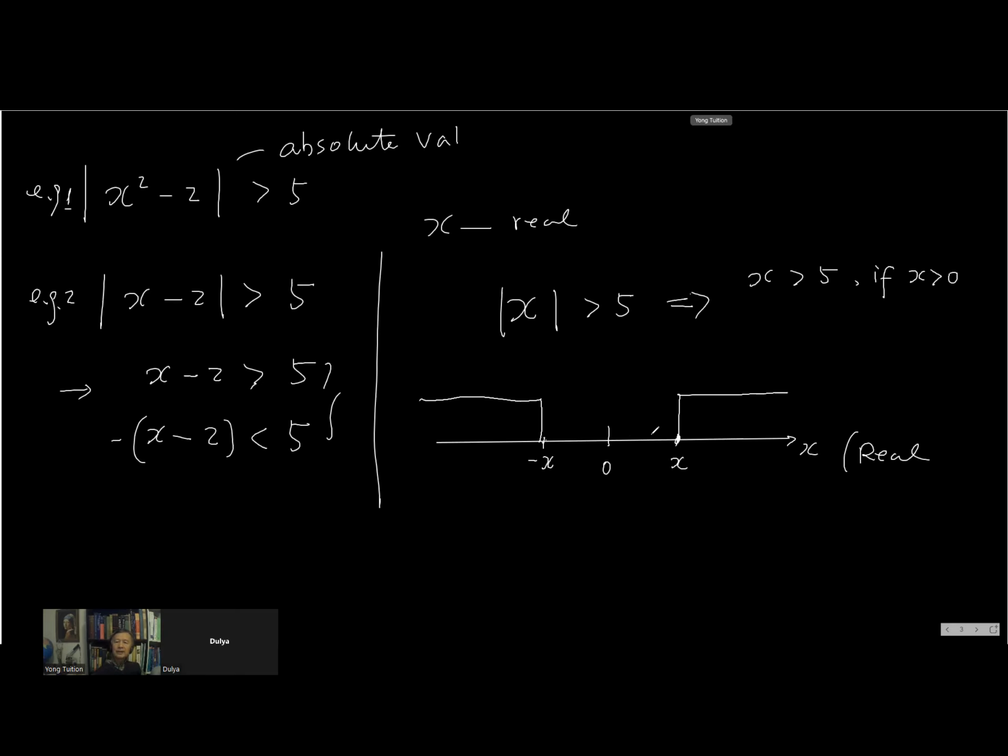In this case we have to change the sign: x is smaller than negative 5 if x is negative. Does that make sense? This is called the absolute value of x.